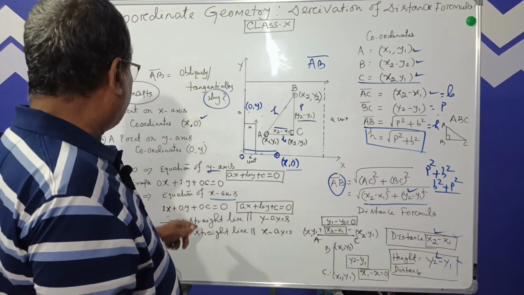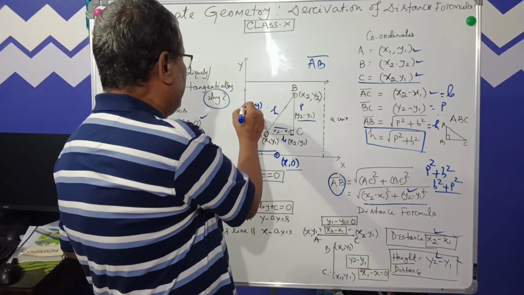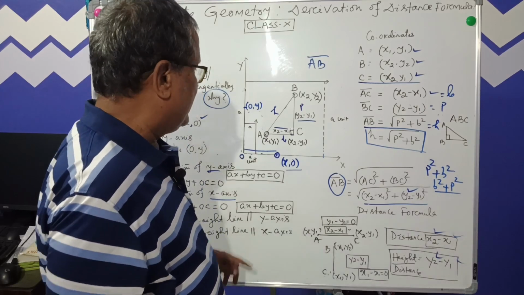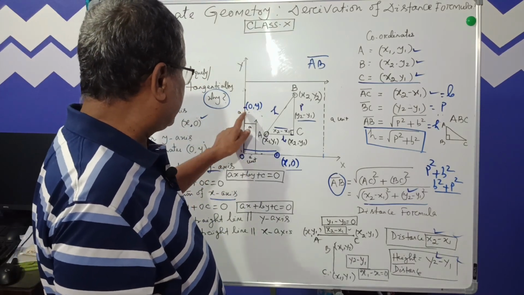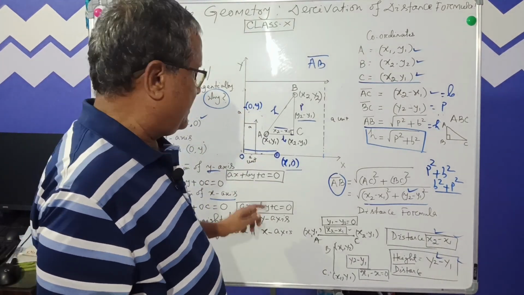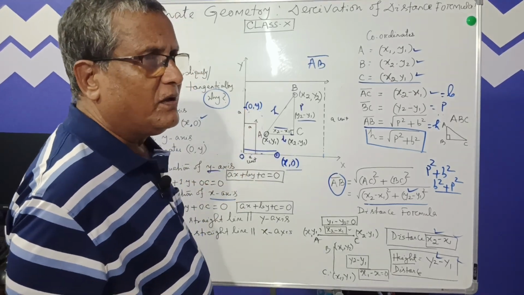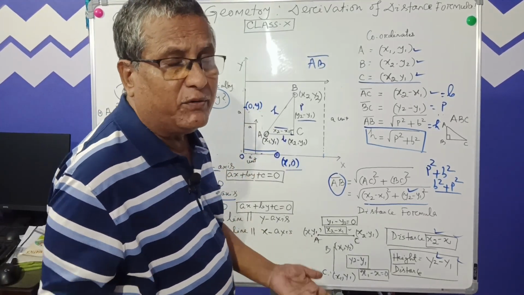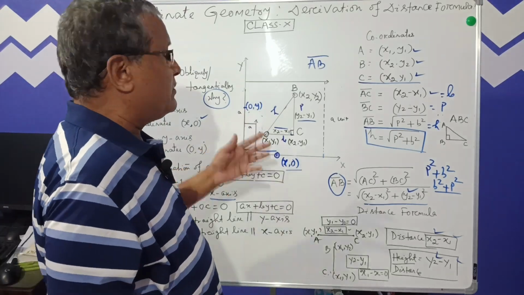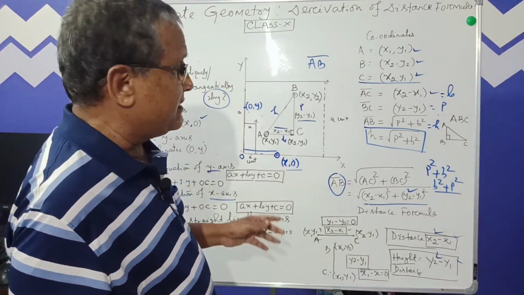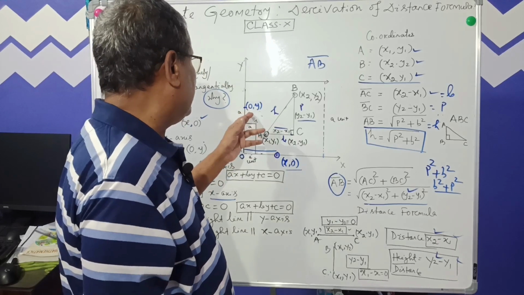And a point on the y-axis, you see here is a point on the y-axis. Now this distance is your y-coordinate, from the origin to this point, so it can be expressed in terms of units. But what is the unit of x, the abscissa? The abscissa is 0.